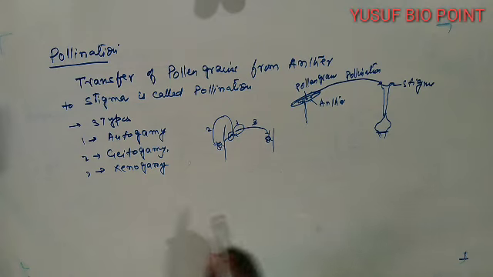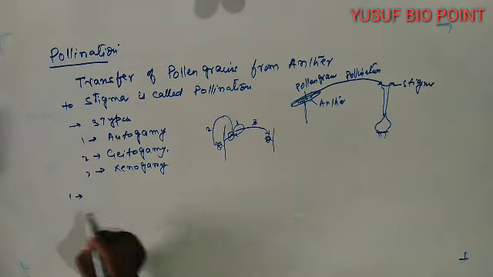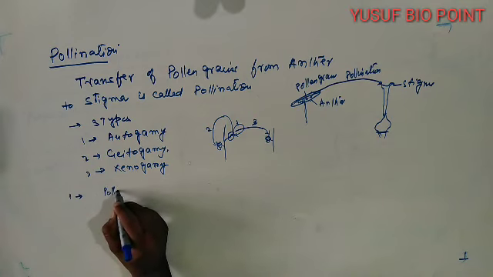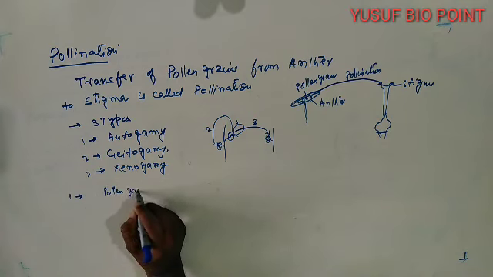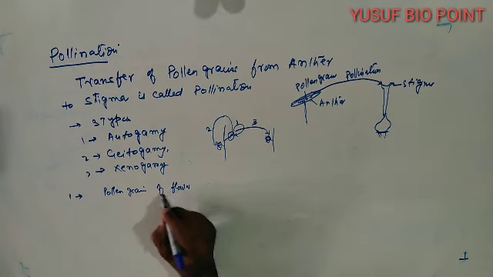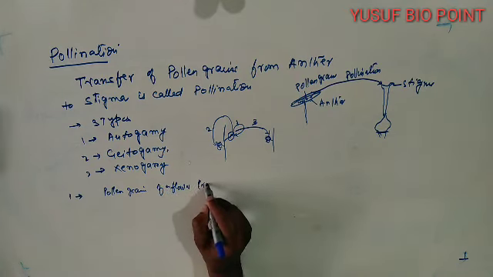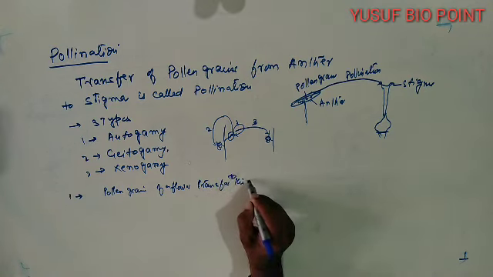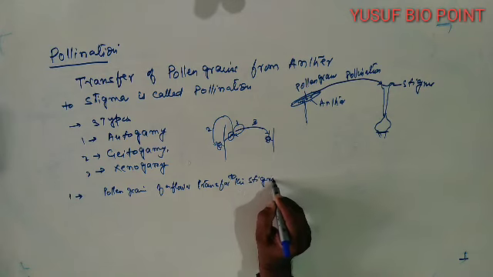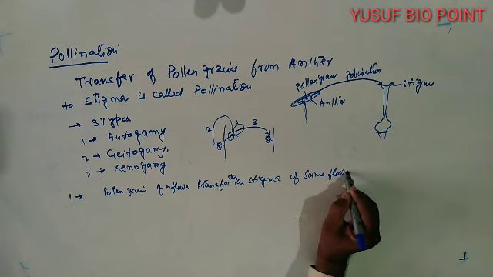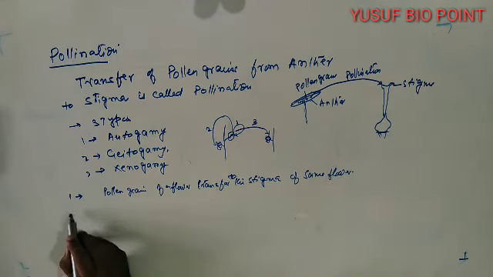That is, autogamy means pollen grain of a flower transfers to the stigma of the same flower, that is known as autogamy.